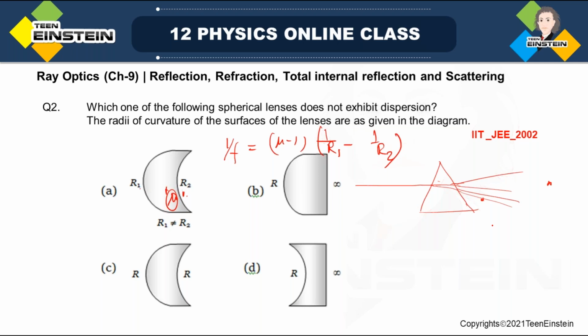If we find some non-zero value after taking the derivative with respect to distance, it should be 0 for no dispersion.